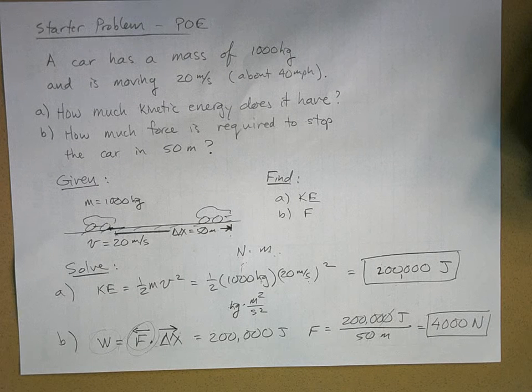Now, if you drive a hybrid car or an electric car, they use electromagnetic induction to brake, to generate electricity, so that a big fraction of the energy gets stored in your battery that you can use later.